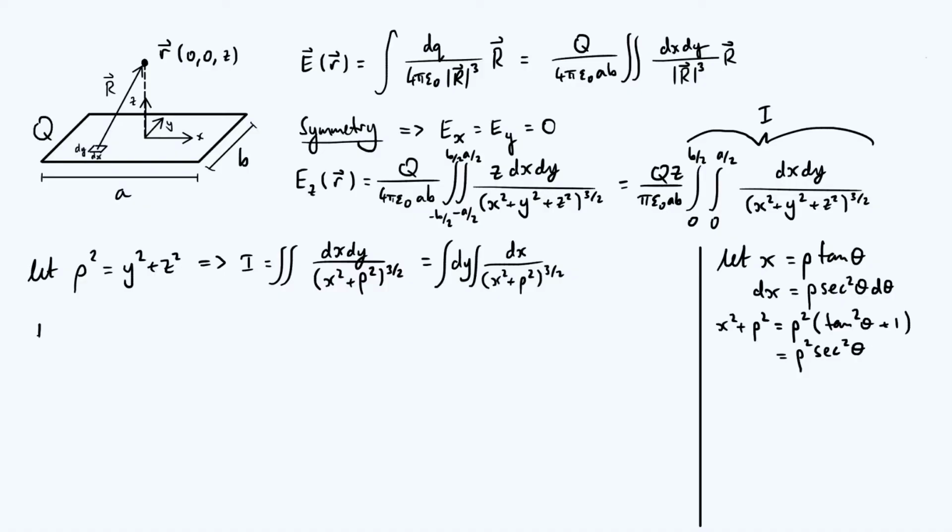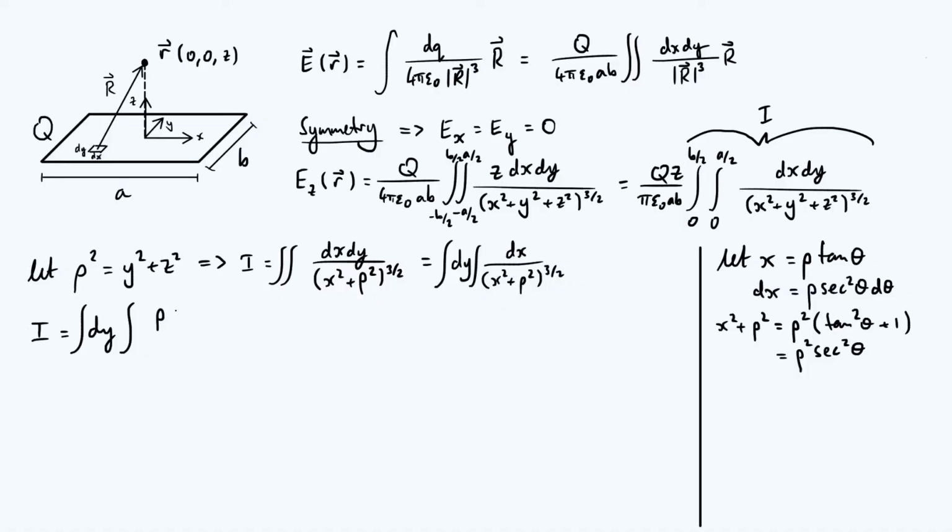So then let's plug all of that into our integral I. I is now the integral with respect to y of the integral of, well, the top is just dx, but dx is rho sec squared theta d theta. I didn't derive that, by the way. I'm just quoting the standard result for the derivative of tan theta.